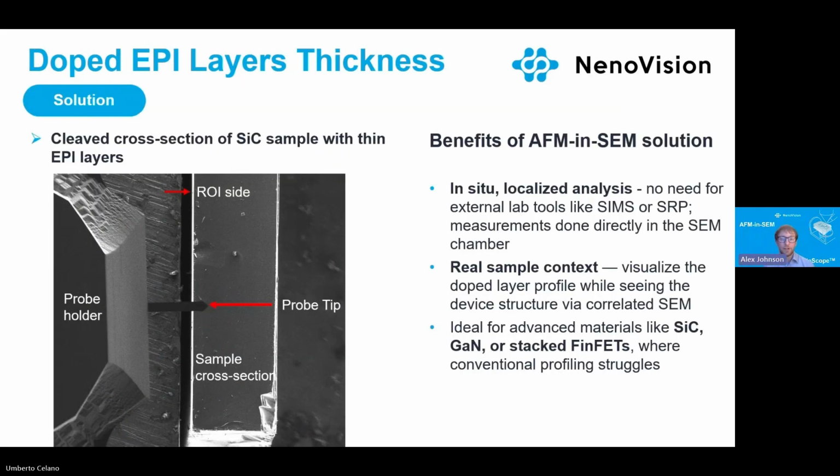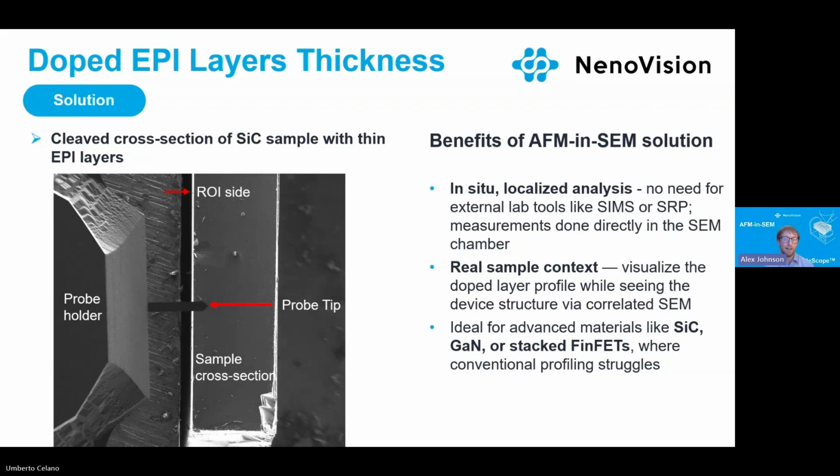And an additional workflow that we've been working on has also been to measure the doped epitaxial layers thickness. Here we can do it on cross sections, and this allows us to do in situ localized analysis. So there's no need to send samples off to external labs to utilize tools like SIMS or SRP.